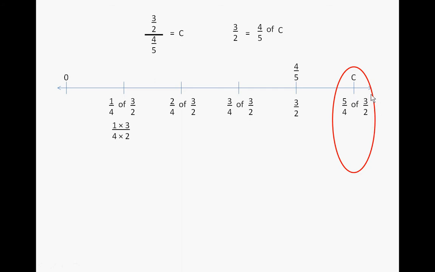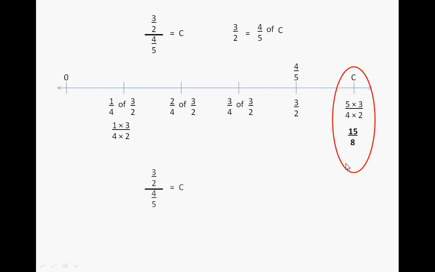So C is 5/4 of 3/2, which you can write as 5/4 times 3/2, and that gives us 15/8. So the answer to our question, 3/2 divided by 4/5, is 15/8.